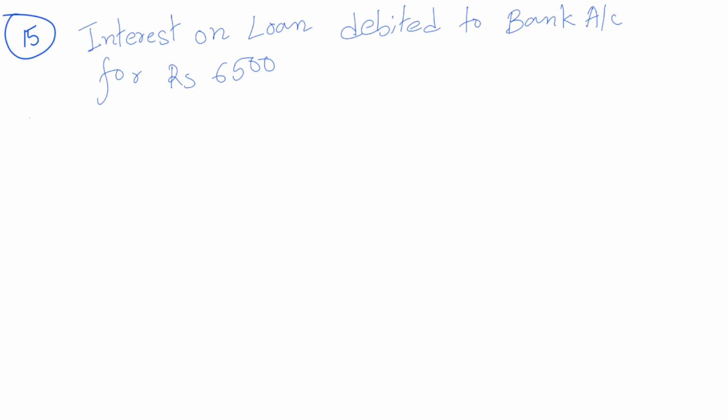So here, interest on loan debited to bank account means what? It means we have taken some loan, and the interest is debited in the bank account. So what will happen? Whether our bank balance will increase or decrease if interest on loan is debited? What will be the journal entry?